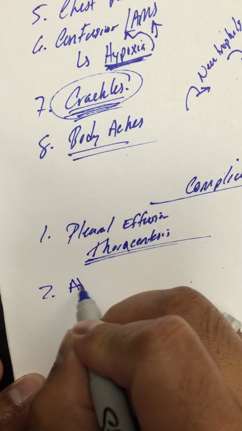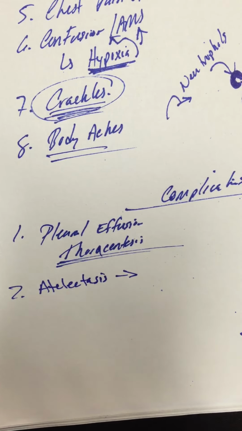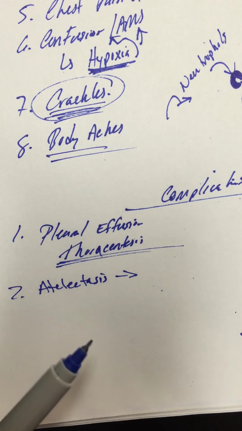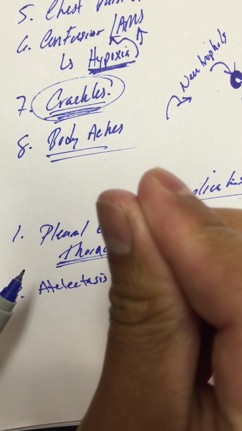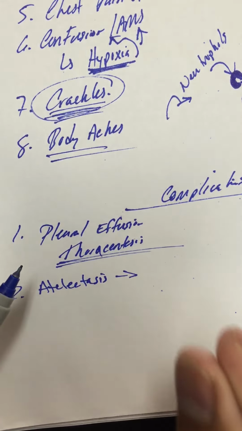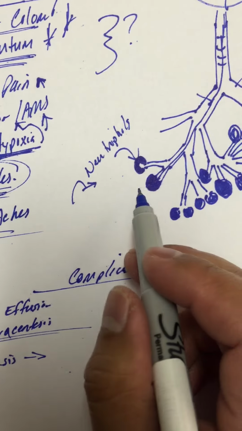Number 2, atelectasis. Now, the atelectasis just means a collapsed alveoli. Think about a grape. I want you to picture a grape right now. What would happen if you were to squish that grape? It's going to collapse. Well, a similar thing can occur to these alveoli, and they can become collapsed.